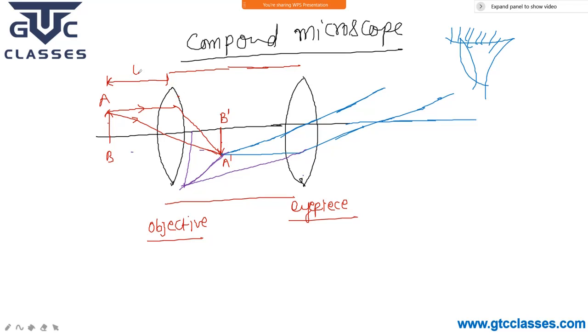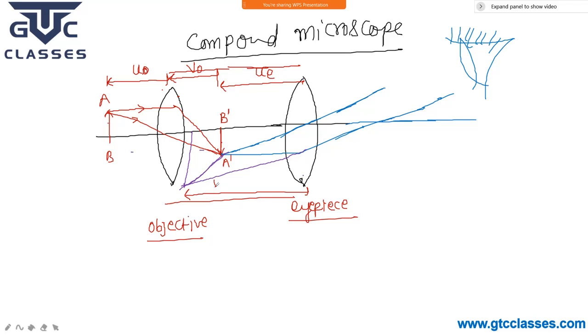We call it U0. U0 means objective, the objective lens. Then we are getting the image. We call it V0, the image. Now this image is behaving like the object for the eyepiece lens, which is UE, and the image we get we call VE.